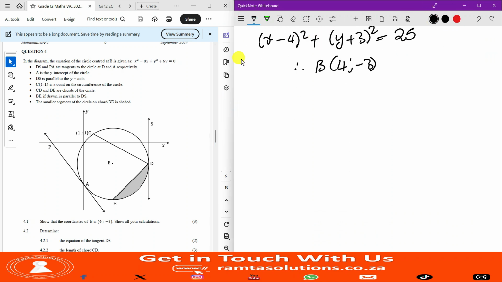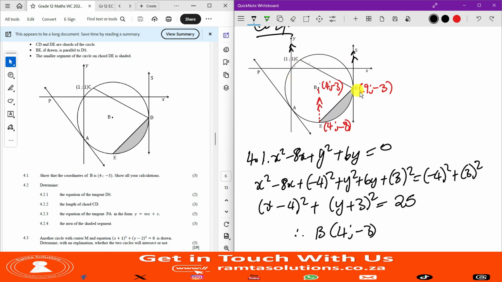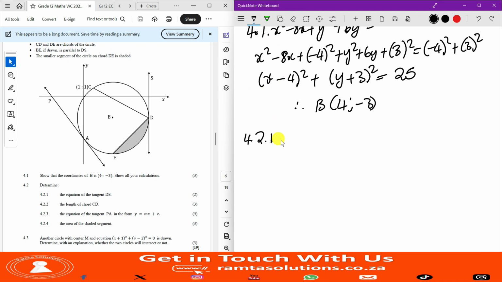So as we move on, 4.2.1: determine the equation of the tangent DS. As I showed, x equals 4 plus 5, which is 9.